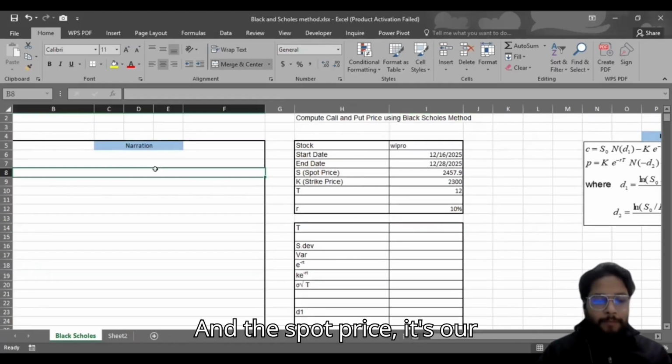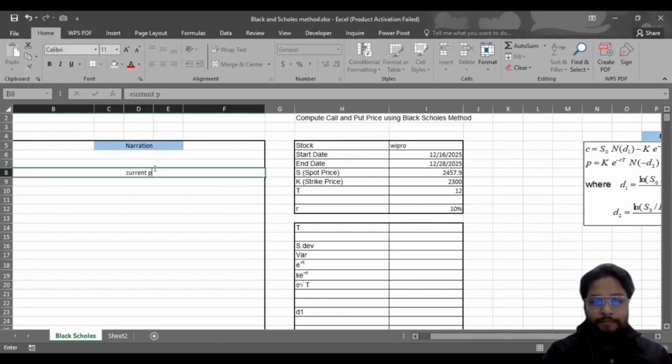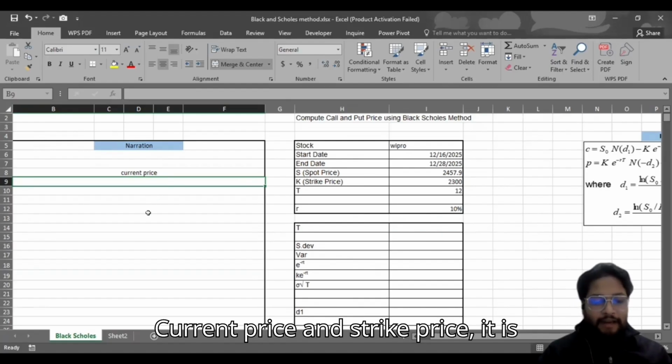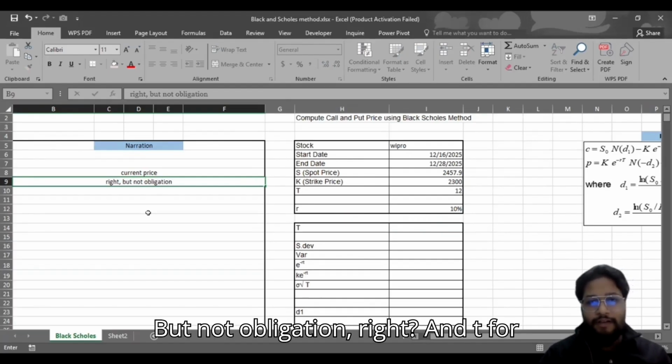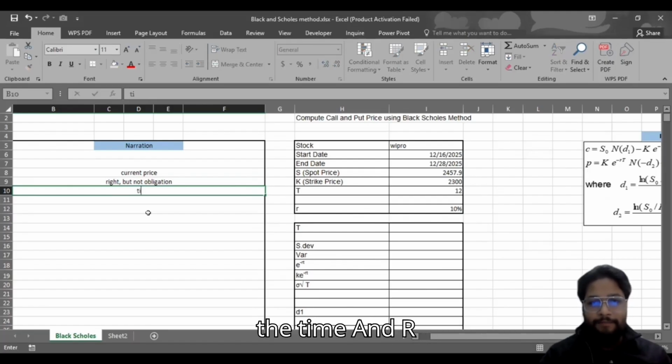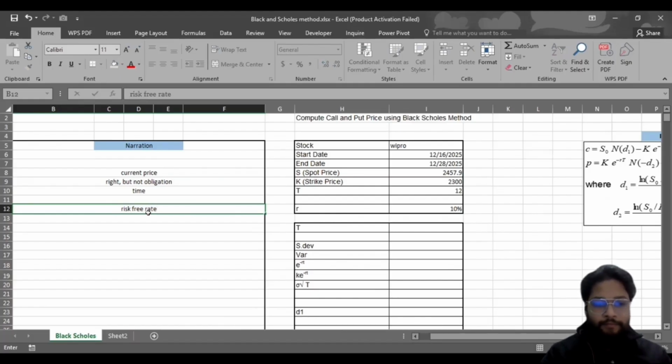Spot price is the current price of the stock. Strike price is the right, but not the obligation, to buy or sell. T is for the time and R for the risk-free rate, RF.